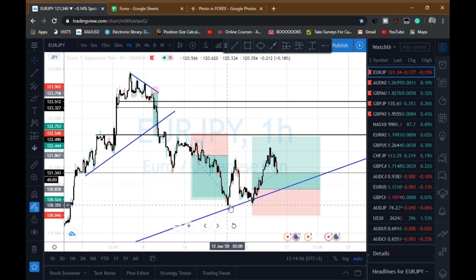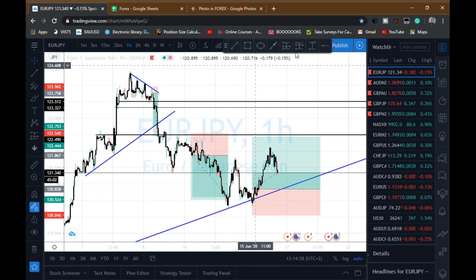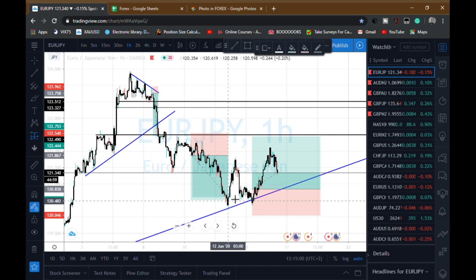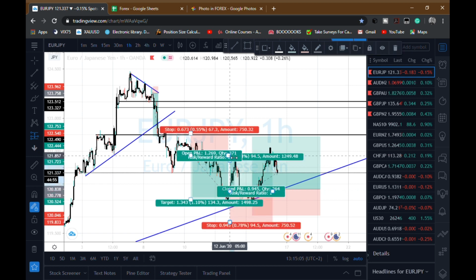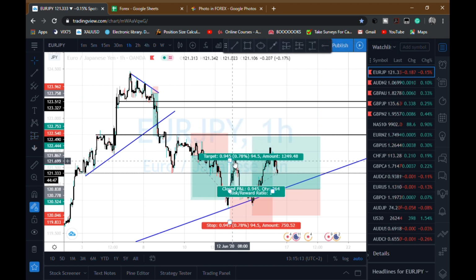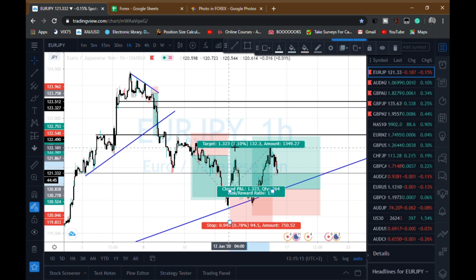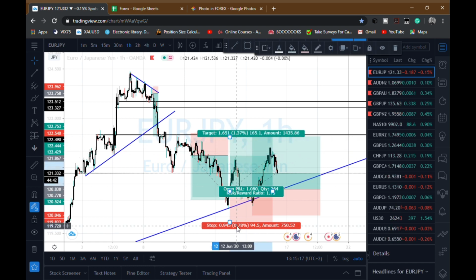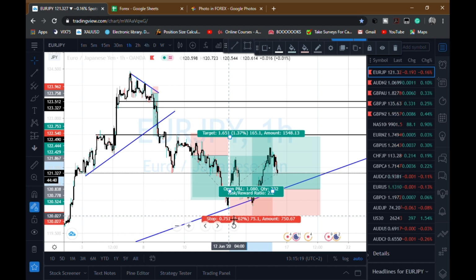Had I been watching, I was gonna enter a trade right here, and aim maybe here, and put a stop loss below this.